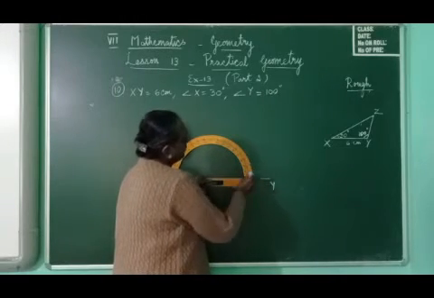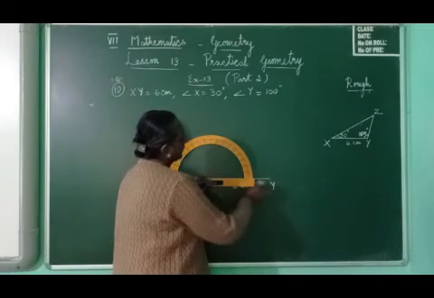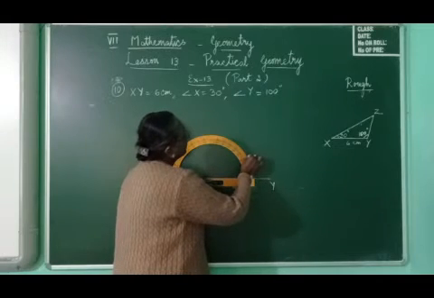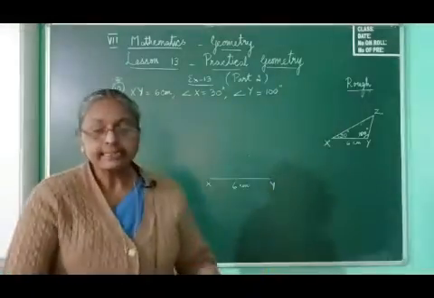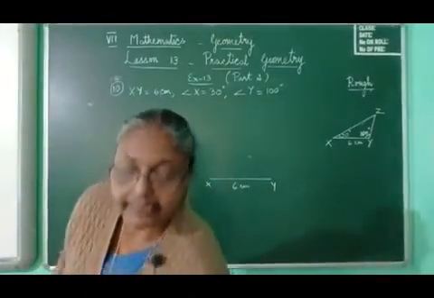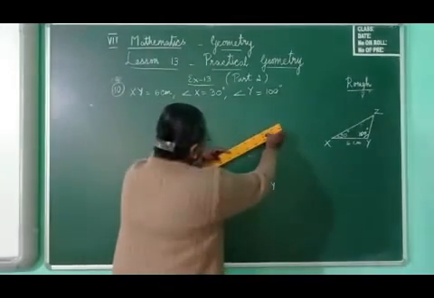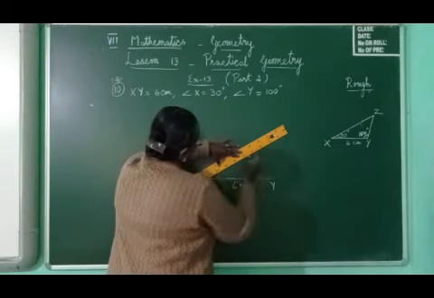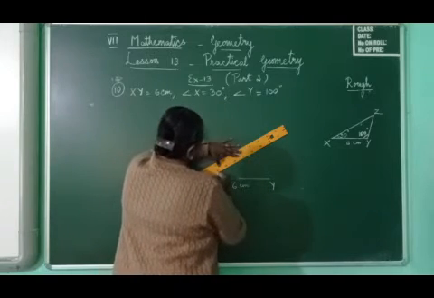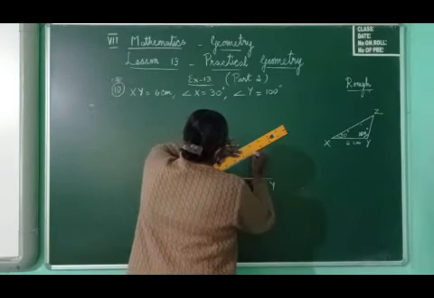Keeping the baseline on line segment XY, we will see 30 degrees where it is and mark a point. Then we will draw a line and extend it. Through the point from X, we are going to draw a long line.